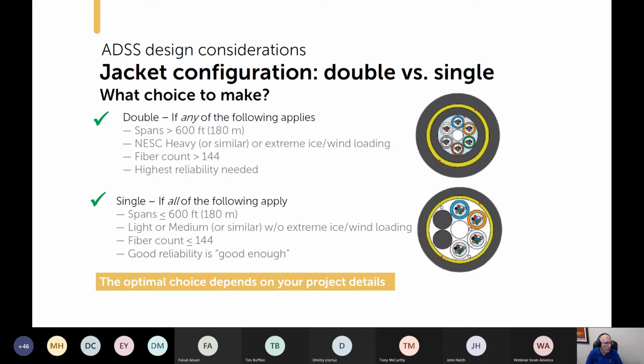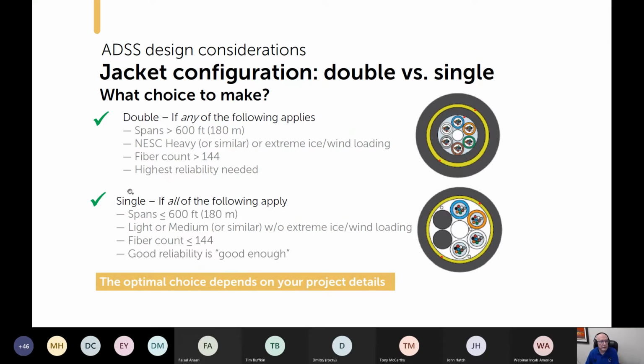And if they're along the same lines as the NESC heavy ones, or if you have extreme ice and wind loading, yeah, you should stick with the double jacket construction. When your fiber count gets above 144 fibers, double jacket, I think you need. And if you're really putting a premium on reliability, double jacket construction is where you ought to go.